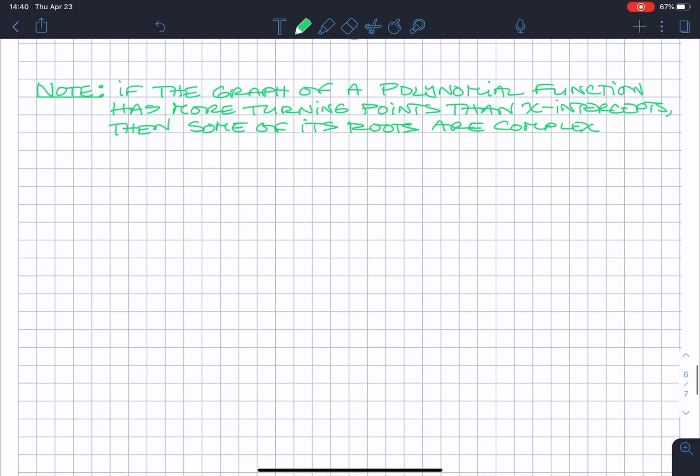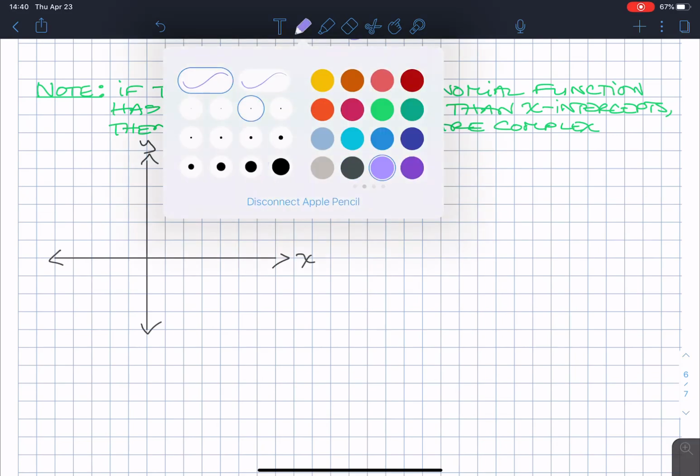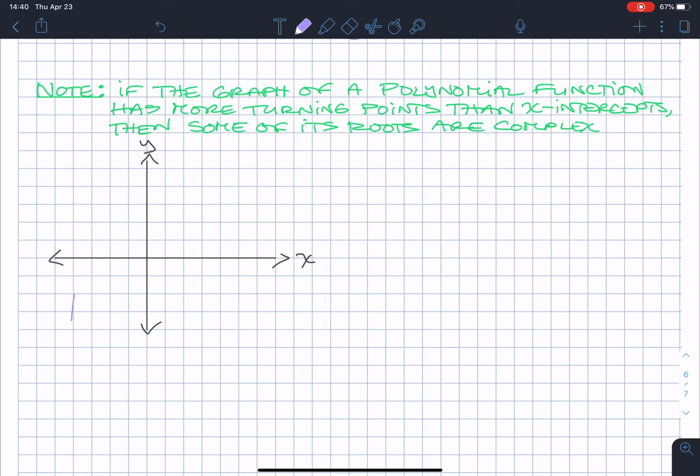Okay, so what do I mean by this? Let's consider, let's say, x and y coordinate axes. Let's say I have a nice, sinuous, lovely polynomial function. Polynomial functions are nice, sinuous, lovely graphs.